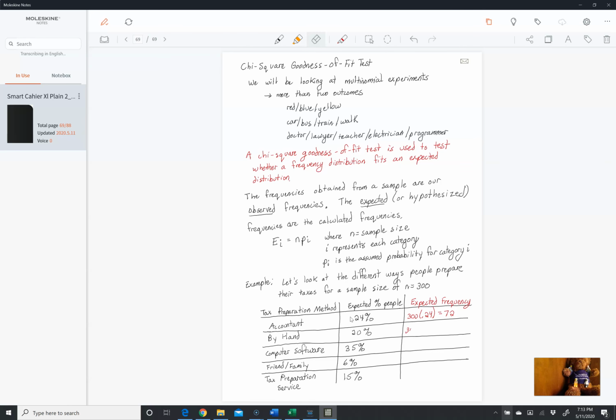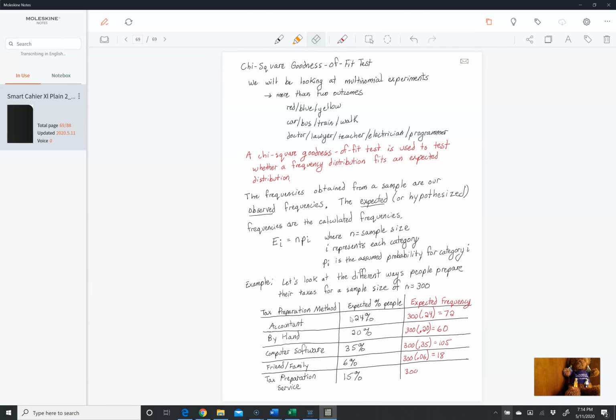And we do this for each one. Here we're going to do 300 times 0.20 because that's what 20% is as a decimal. And we get 60. For the next one, 300 times 0.35. And we get 105 out of 300 people prepare their taxes using computer software. 300 times 0.06, we get 18.